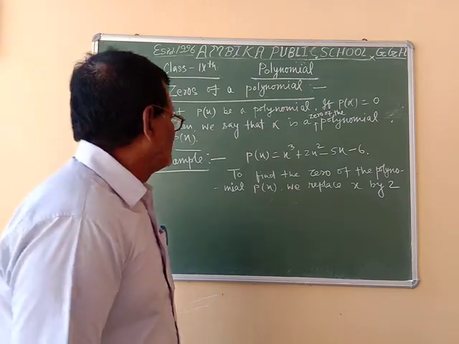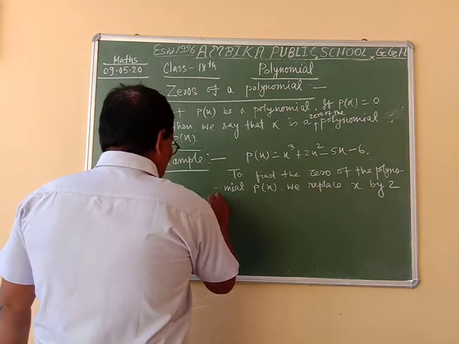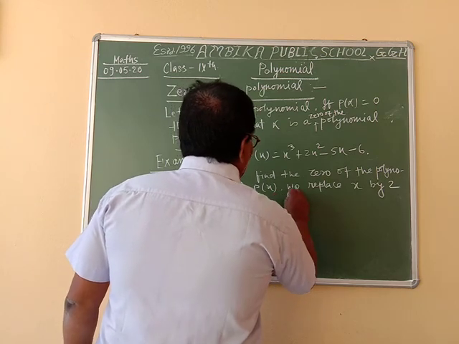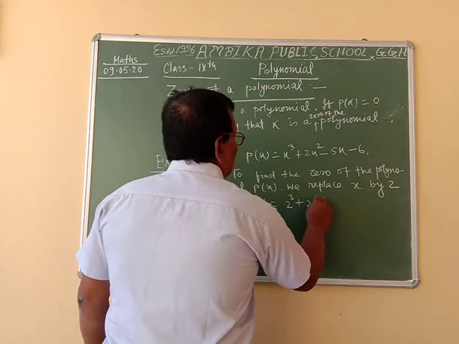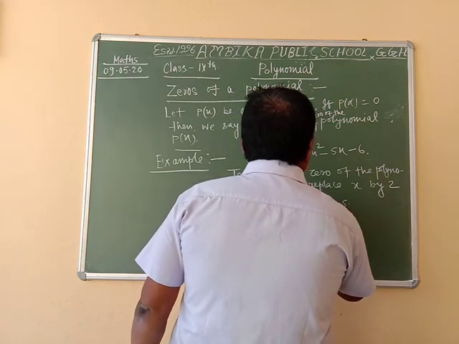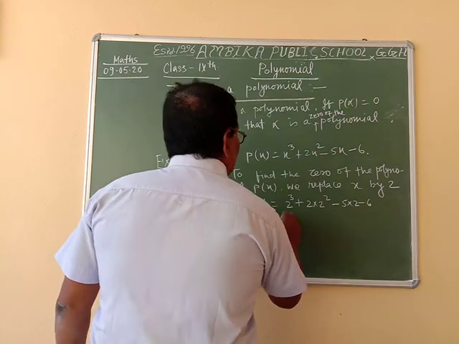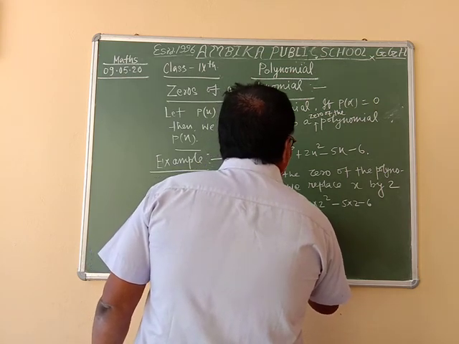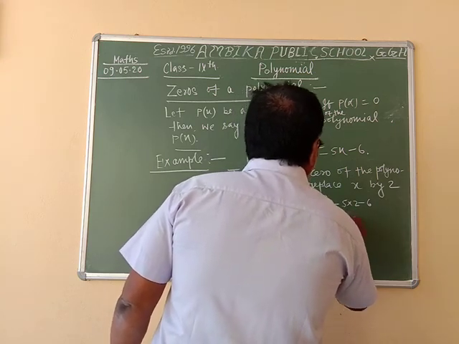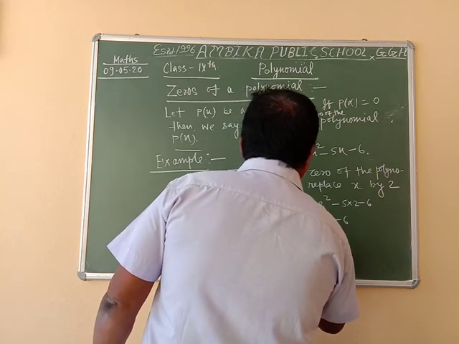To find the zero of the polynomial P(x), we replace x by 2. Then P(2) = 2³ + 2 × 2² - 5 × 2 - 6 = 8 + 8 - 10 - 6 = 16 - 16 = 0.